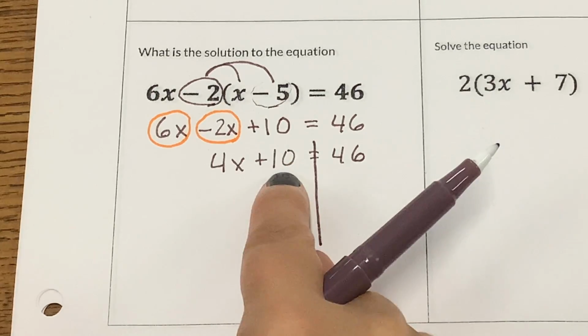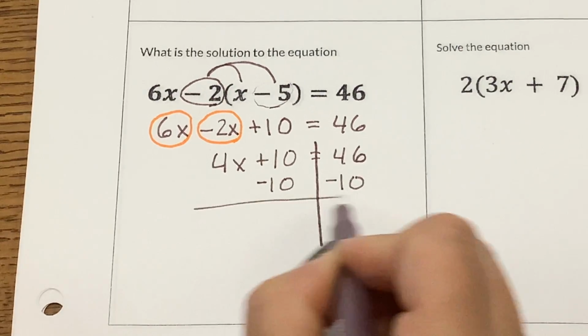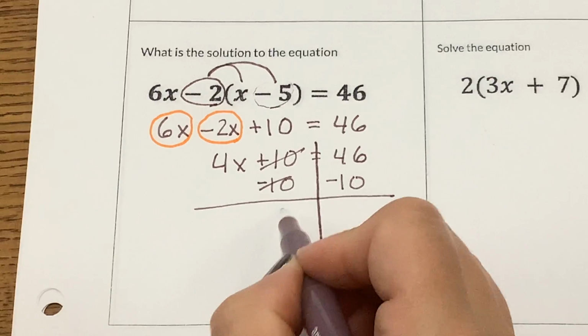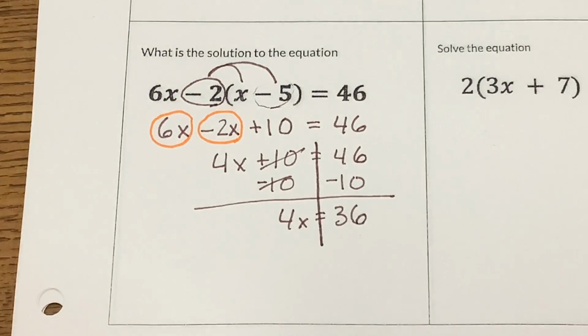So the inverse of positive 10 is, this cancels. 4x comes down. 46 minus 10 is 36.